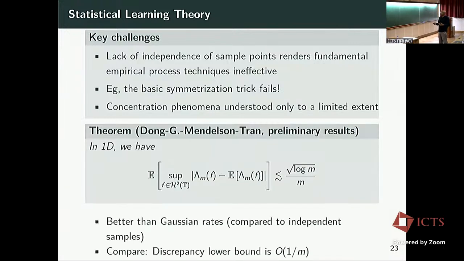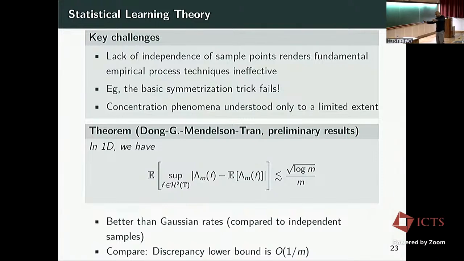The good news is that we are already making progress in this direction. In a joint work in progress with my postdoc Zia Udong, PhD student Hong Son Tran and Shah Mendelsohn, we looked at this problem carefully in 1D.